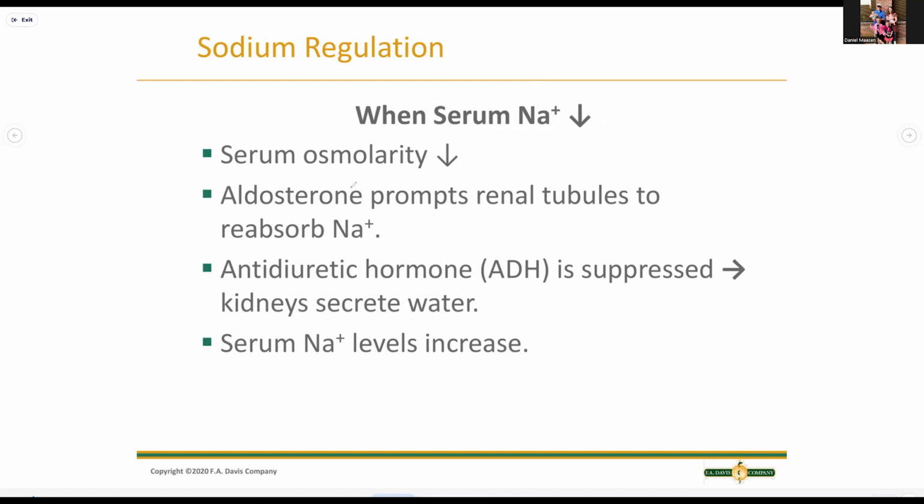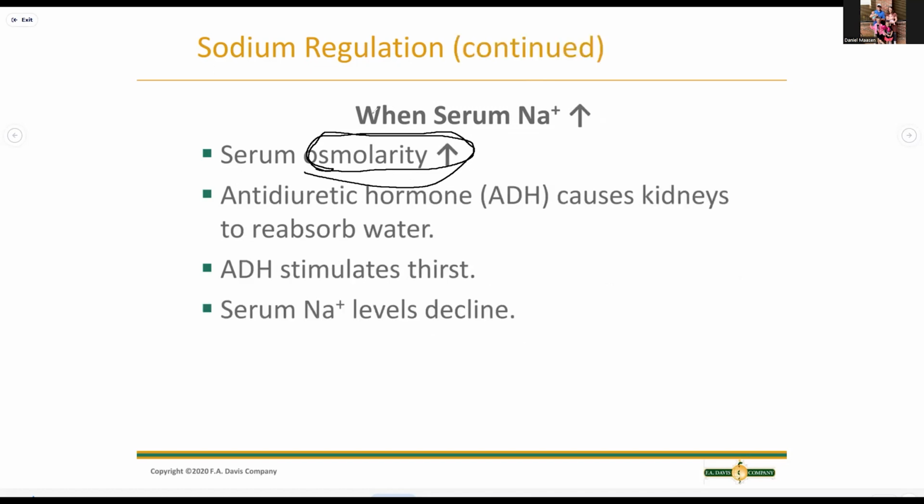That's going to help ADH and aldosterone increase sodium and hold on to water. Excuse me, I'm messing it up now that I'm talking about it.